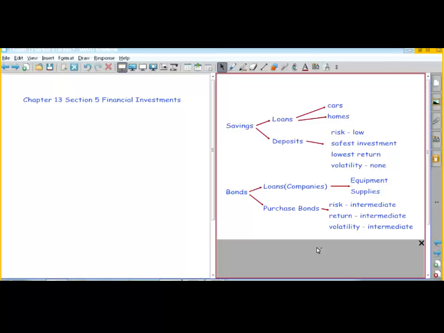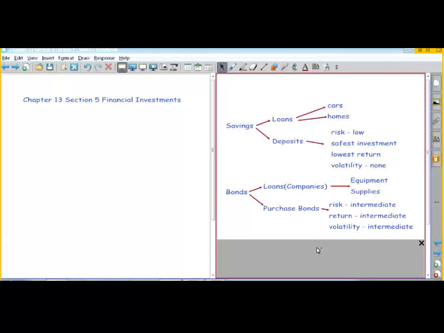So we would say the risk is intermediate relative to savings, versus the third choice, which is stocks. So the return is intermediate as well. Instead of like 1 or 2%, you might be getting 4 or 5%.